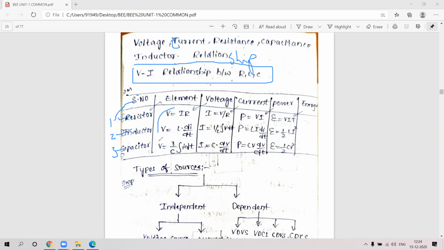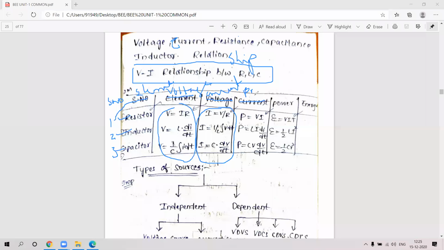And in this table, these values are for voltages, and these values for currents. Make heading this as current, this as voltage, and this as element, and this is serial number. Okay, this will be power.